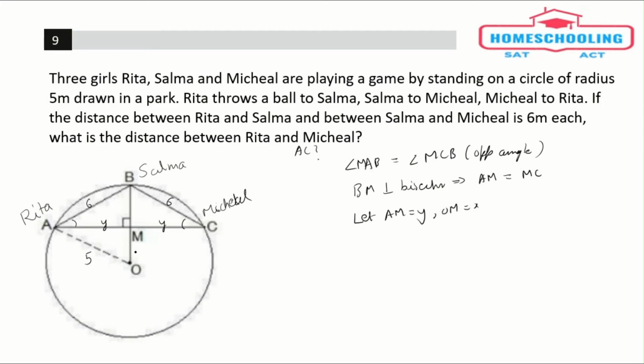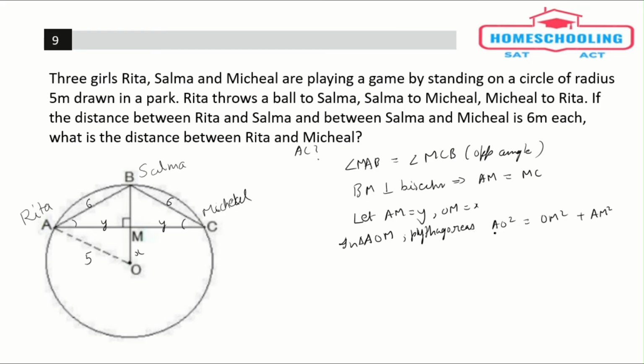Now in triangle AOM, if we apply Pythagoras theorem, AO square is equal to OM square plus AM square.